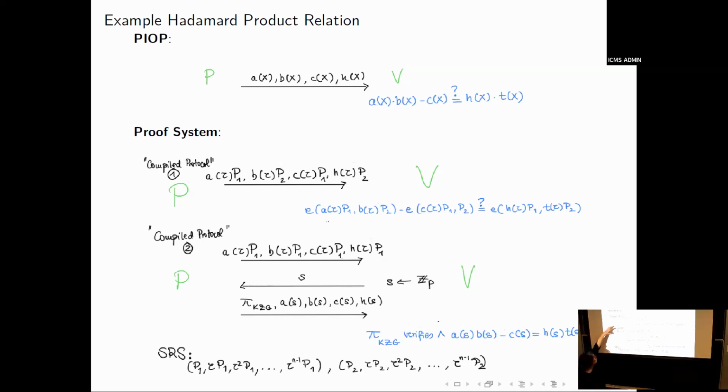Usually they think of using a polynomial commitment to verify this relation. In this case, you would get a random point, then verify the relation at that random point, and also check that the openings the verifier sends you are correct. So there are two different ways of doing a Hadamard relation.